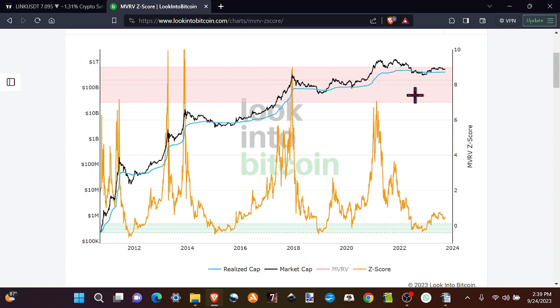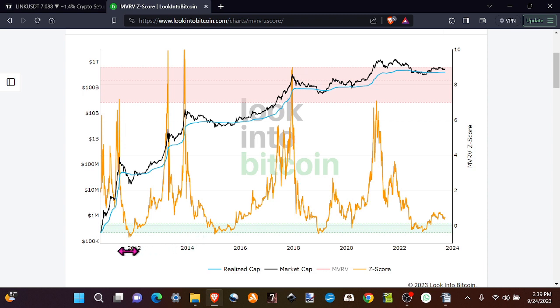And so here you have the red zone up here, which is extremely overvalued, and this corresponds with tops. The green area is extremely undervalued, and this shows you bottoms. And so you can see here this orange line is the line that oscillates in between the overbought and oversold, or overvalued and undervalued zones.